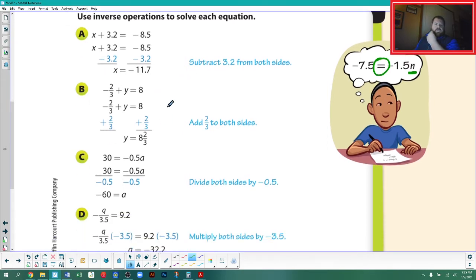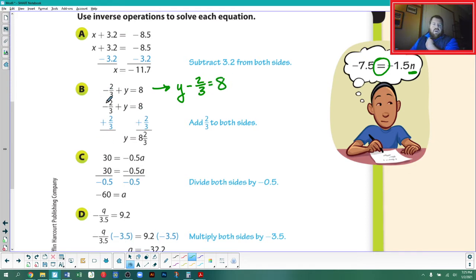The second one, and this is a great problem. I do like this because it still looks like an addition problem, and it is. It's just an addition problem with a negative number. Another way you could write this, where I could say it's kind of a subtraction problem too, is I could rewrite this just as easily as y minus 2/3 equals 8.